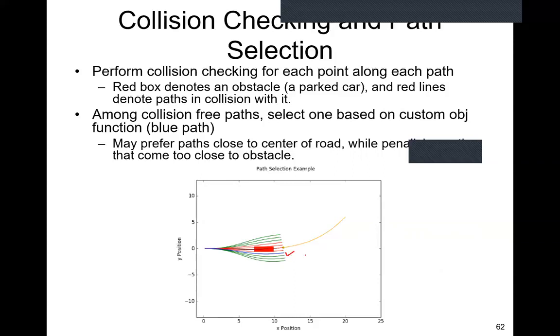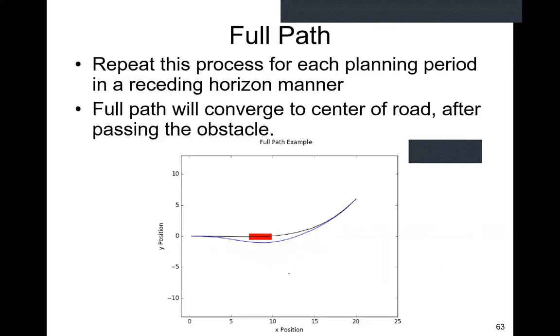The objective may be perhaps we prefer paths close to the center of the road while penalizing a path that comes too close to an obstacle. So that's collision checking and path selection. And repeat this process for each planning period in a receding horizon manner.